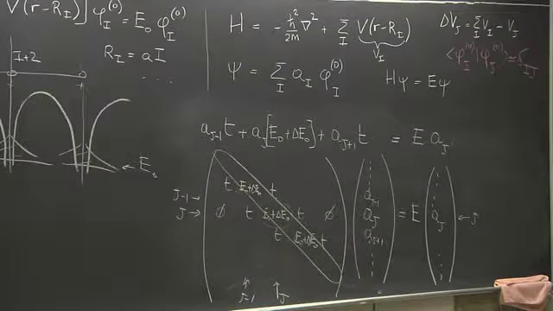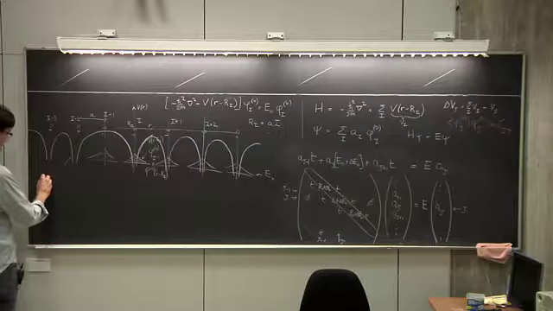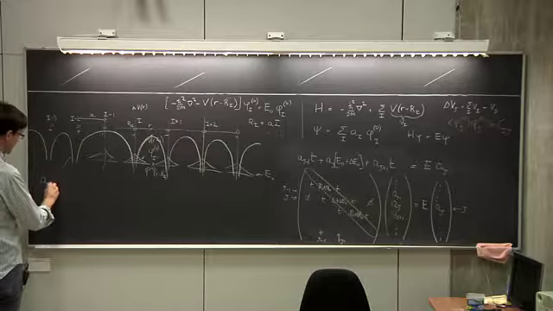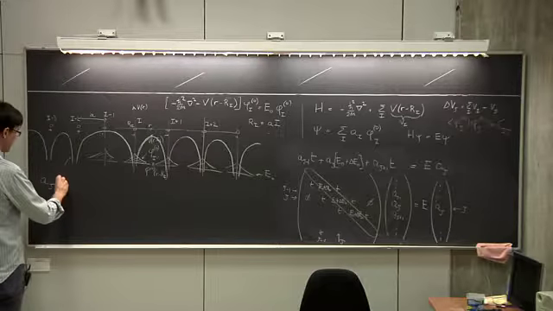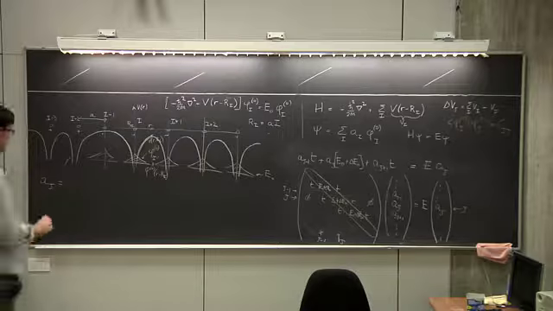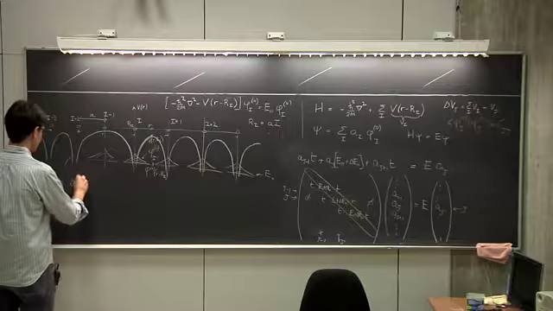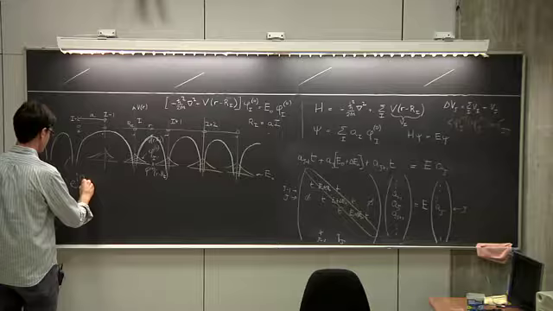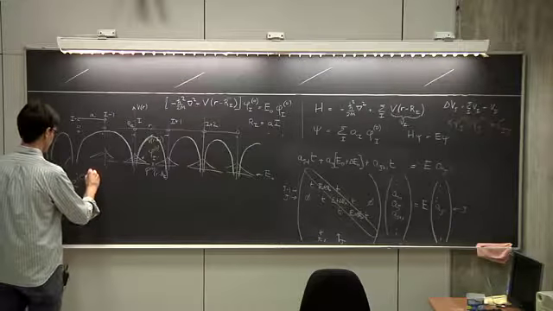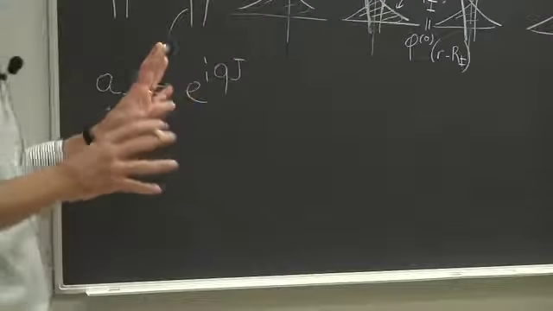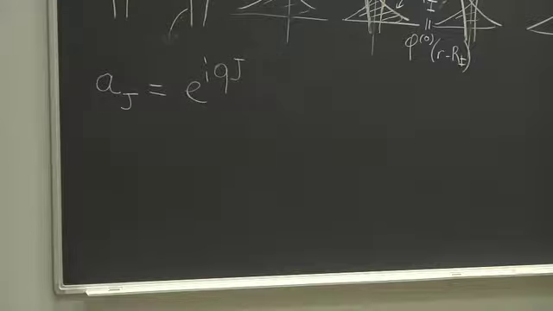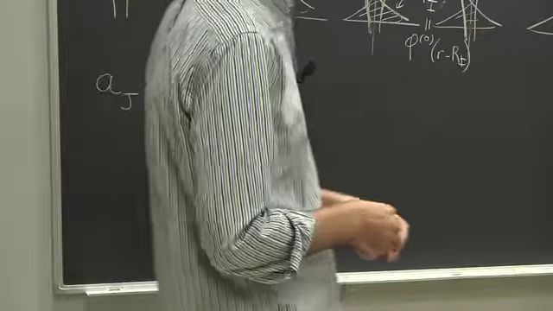And I claim that a possible solution of this problem is saying that A_j is equal to e to the i q j, q to be determined. Okay? That's my assumption, my Ansatz, as we say in physics.